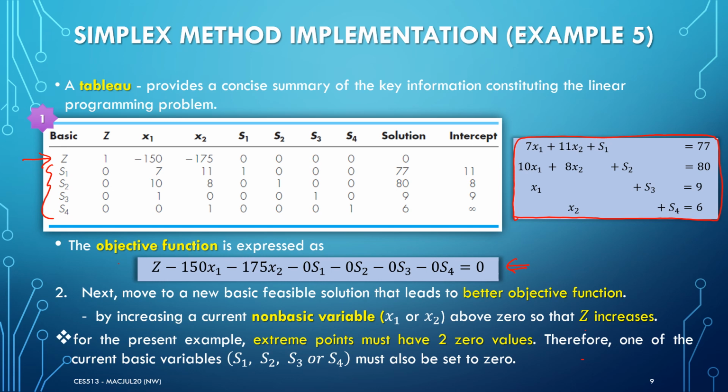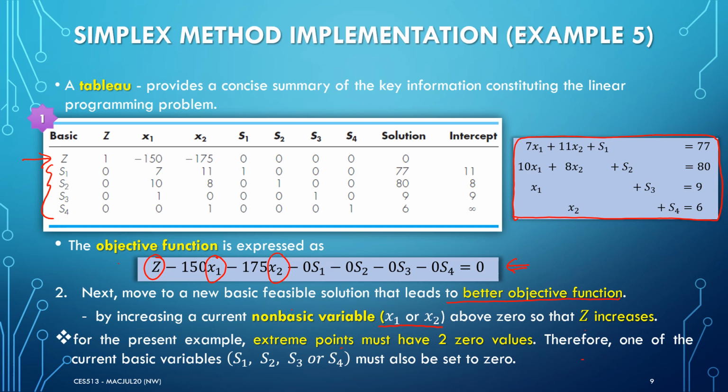The next steps involve moving to a new basic feasible solution that leads to an improvement of the objective function. So we need a better objective function. This is accomplished by increasing the current non-basic variables, which at this point are x1 or x2, above 0, so that z can be increased.